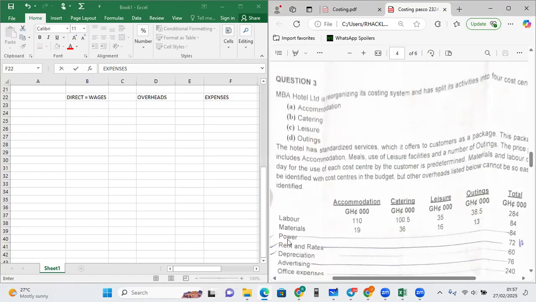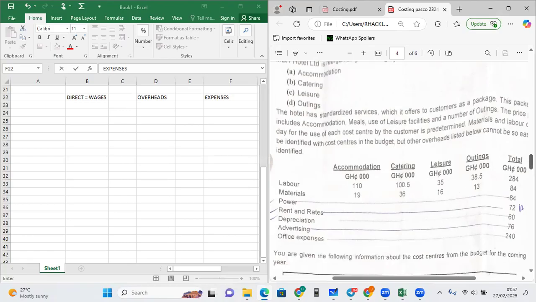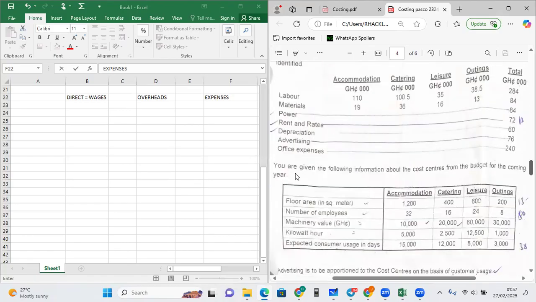But the other ones here, like power, they cannot identify in accommodation, catering, leisure, and outing, and the likes, right?